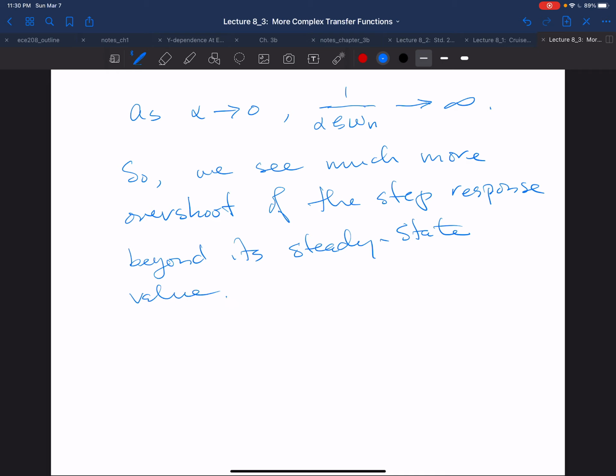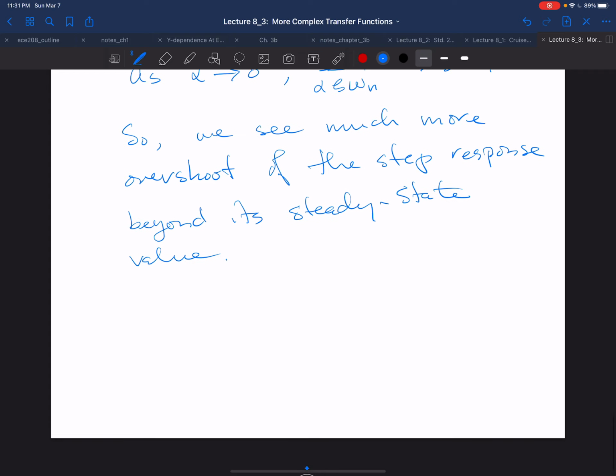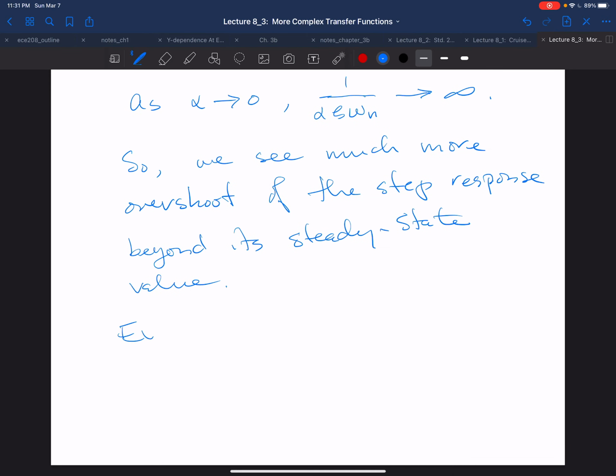It doesn't affect, of course, things like the damping of the oscillations or the frequency of the oscillations, but if alpha is small, it can give us much more overshoot. So that's something we would have to take into account, for example, in our cruise control system example. So we're going to get a lot of extra overshoot if alpha is small.